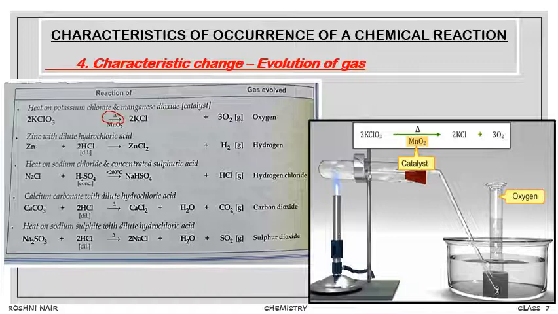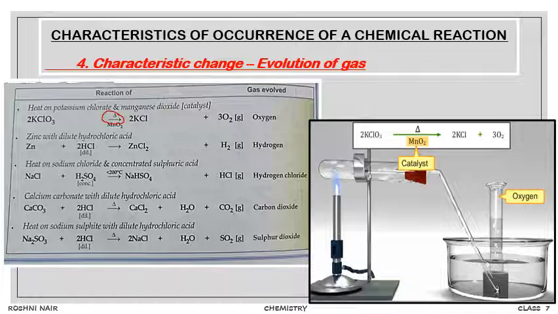Next chemical reaction, when zinc reacts with hydrochloric acid. Hydrochloric acid is HCl. Zinc is Zn. So when Zn, zinc reacts with dilute hydrochloric acid HCl, what is the product formed? ZnCl2, zinc chloride, and what is the gas evolved here? H. From HCl, hydrogen gas is evolved and Cl reacts with Zn.